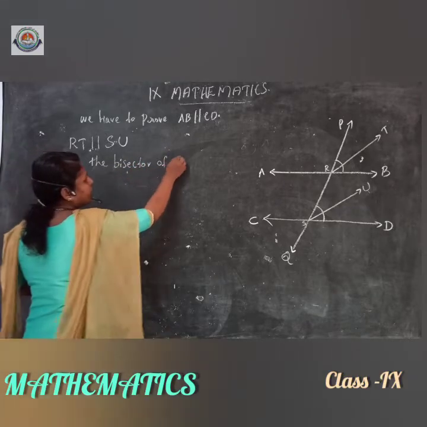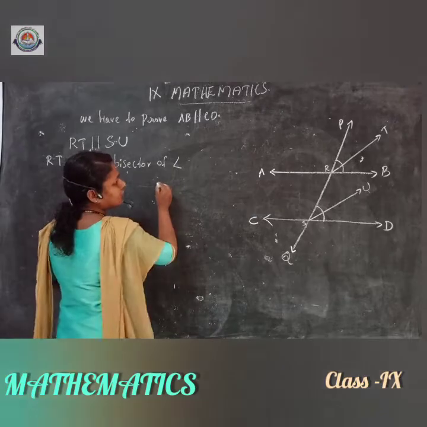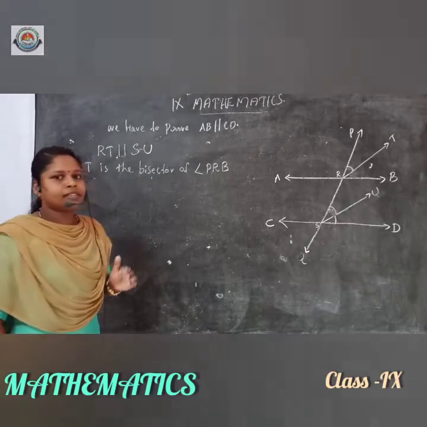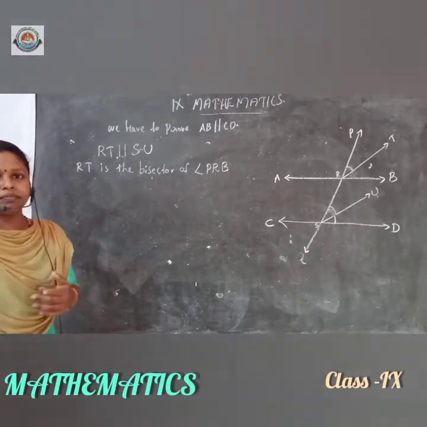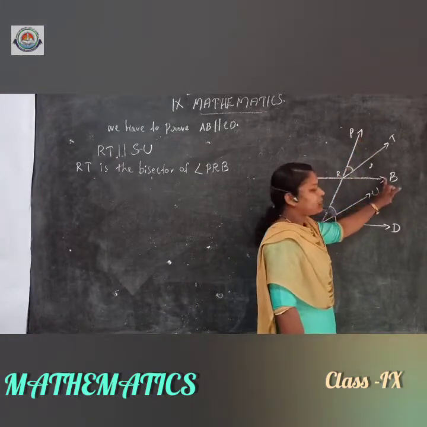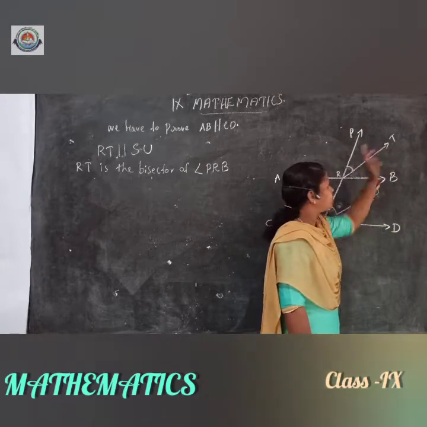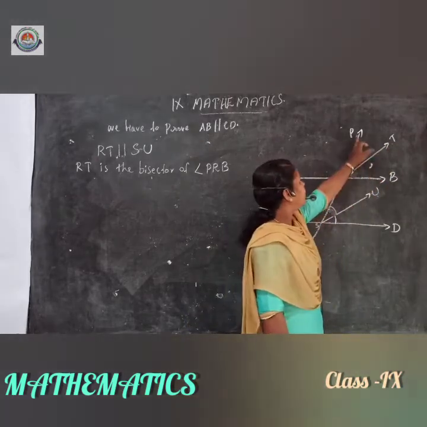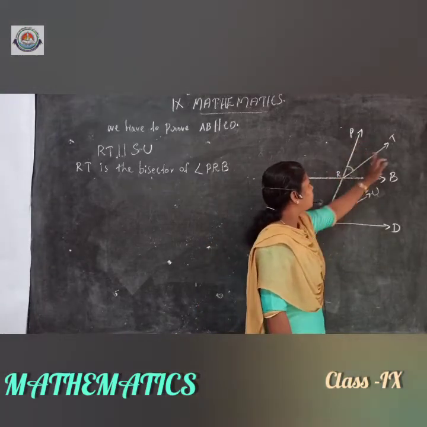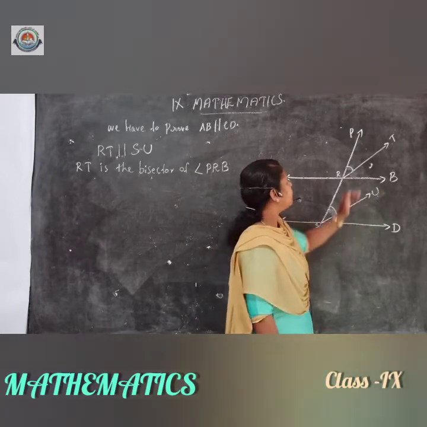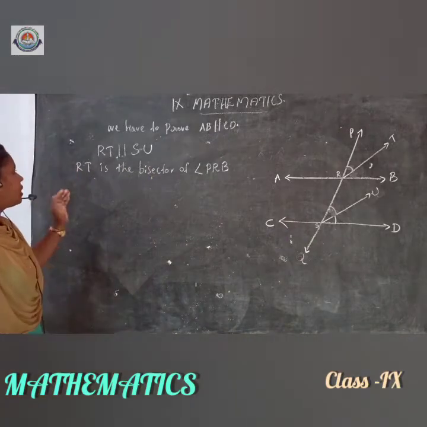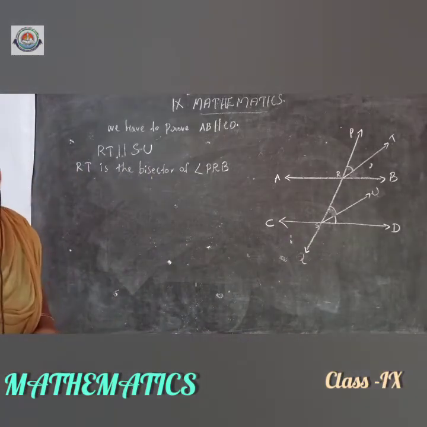PRB means this angle, and RT is the bisector of angle PRB. Therefore, angle PRT is half of angle PRB.